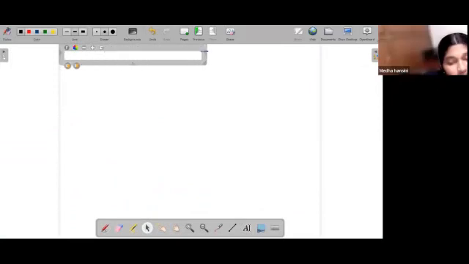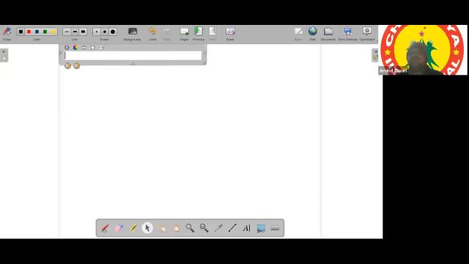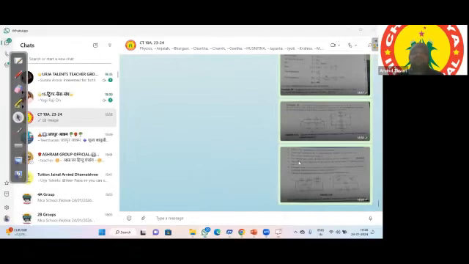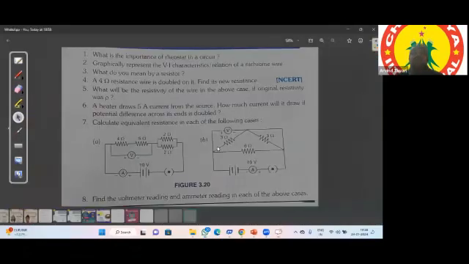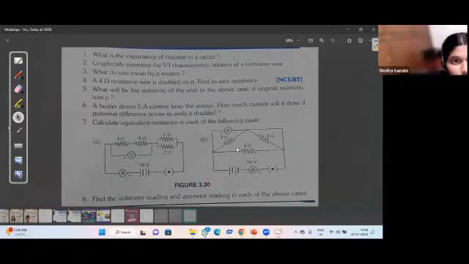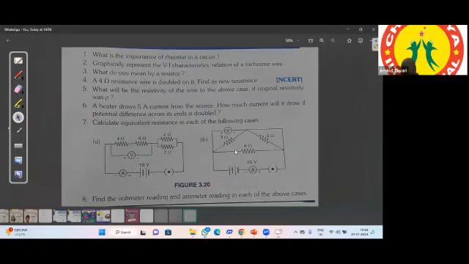So can you tell the last one's answer? Okay, see the last one's answer for this. For this, you want the answer? Yes. First of all, you will take the 3 ohm and 3 ohm in series.